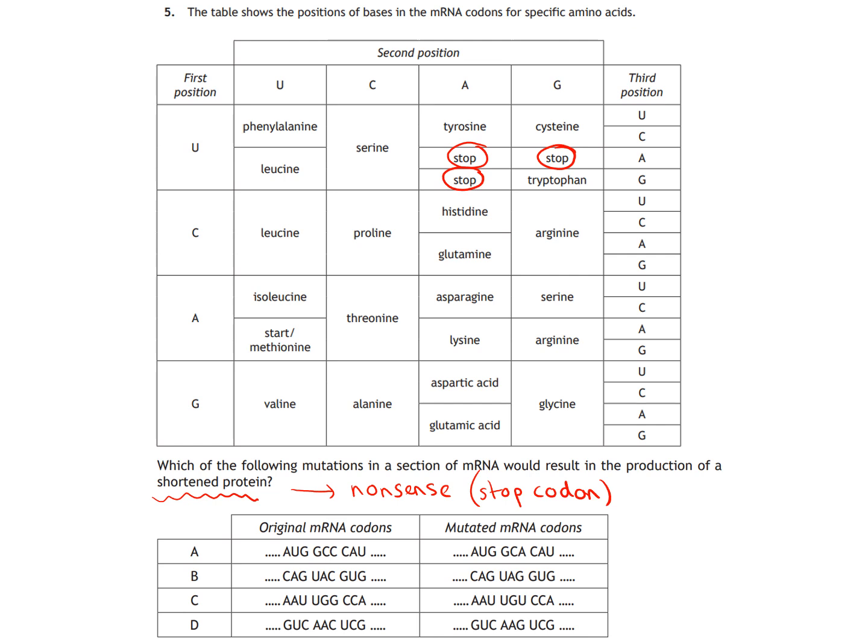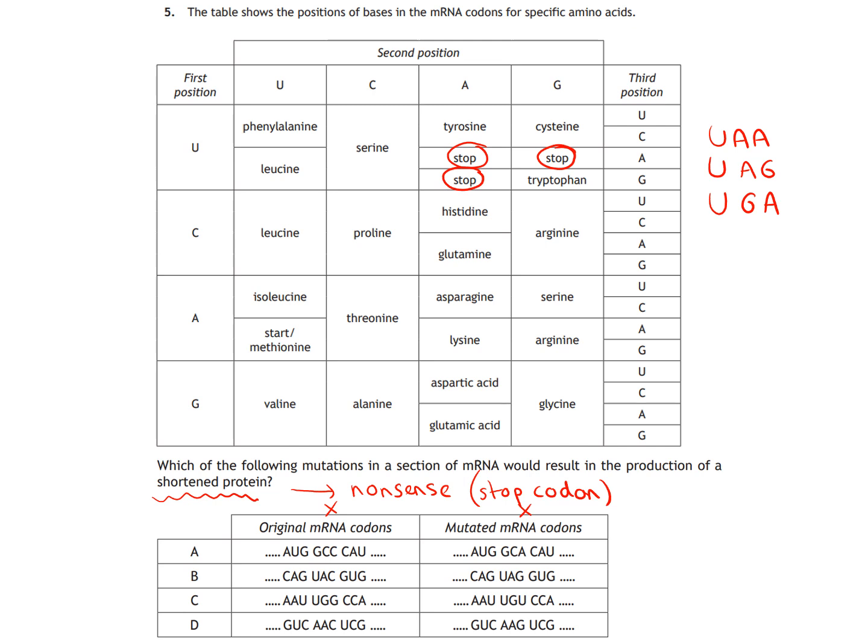So we've got UAA, we have UAG, and we have UGA. So if we look at our original mRNA codons here, and then our mutated mRNA codons, we are looking for the presence of one of these codons here.